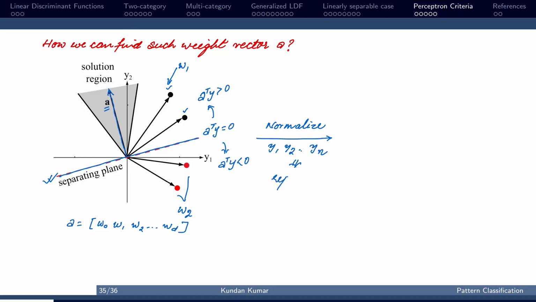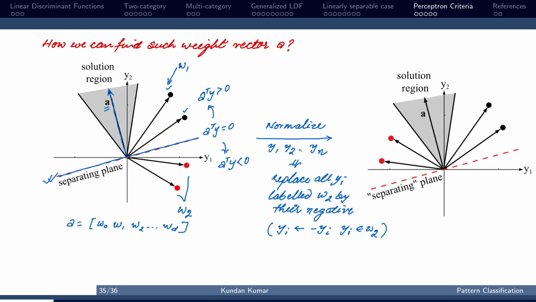We have to replace all yi labeled omega 2 by their negatives. That means yi will be replaced with minus yi, and only for those data samples which belong to class omega 2.